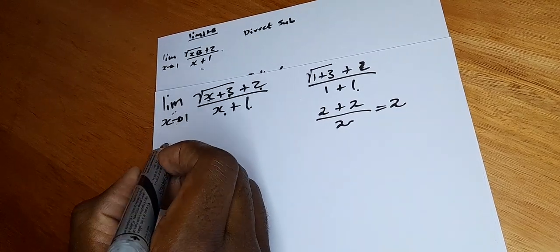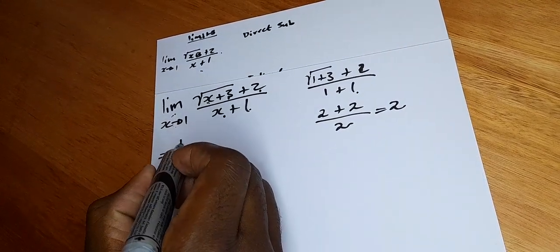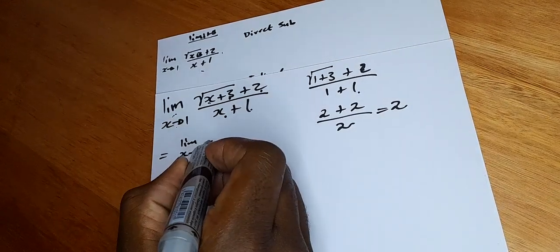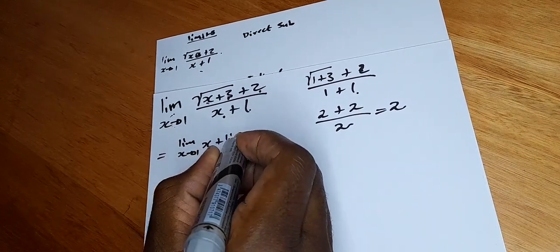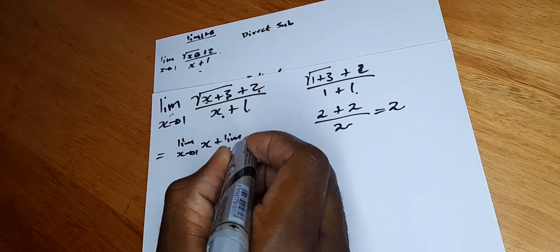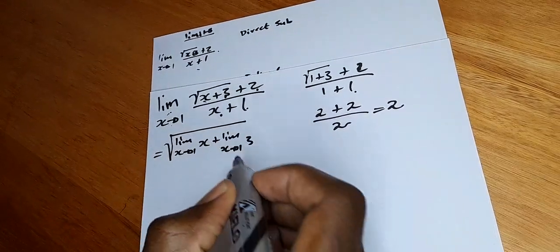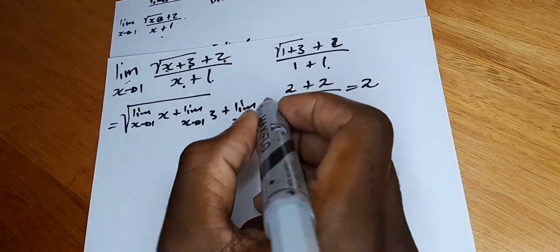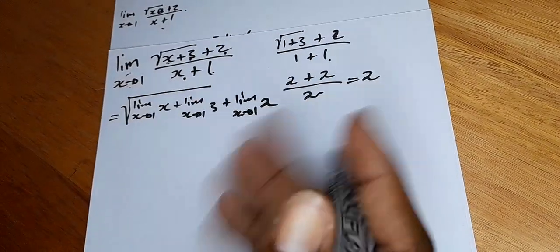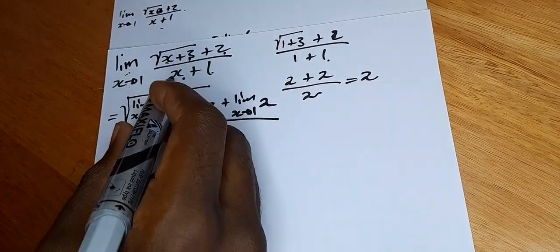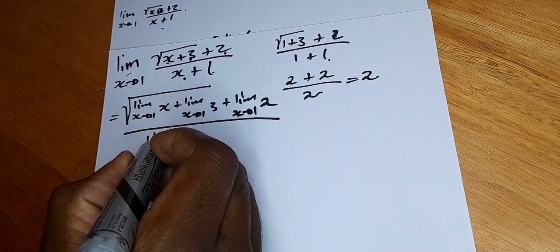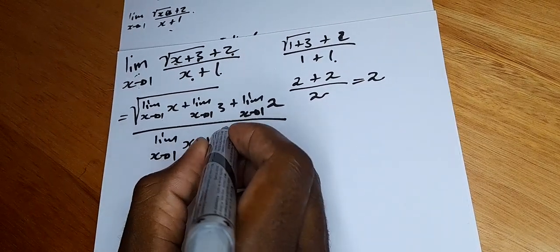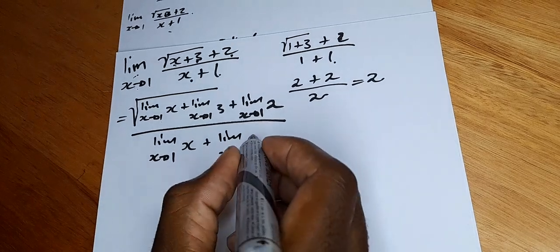That means this will be equal to the limit as x approaches 1 of x, plus the limit as x approaches 1 of 3, under the square root, then plus the limit as x approaches 1 of 2. It is distributing. And all over, we also distribute down here: the limit as x approaches 1 of x, plus the limit as x approaches 1 of 1.